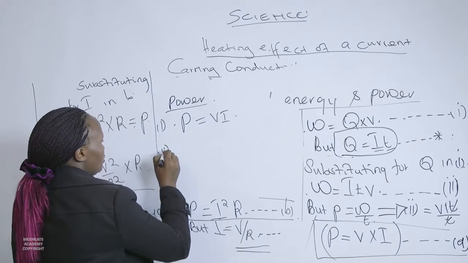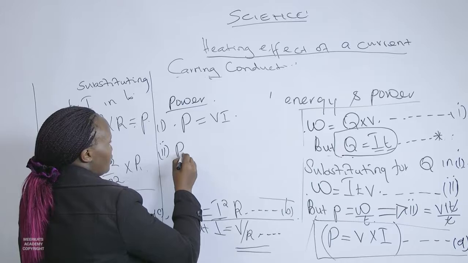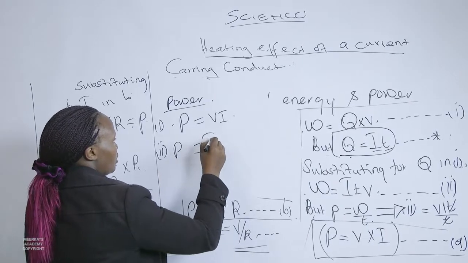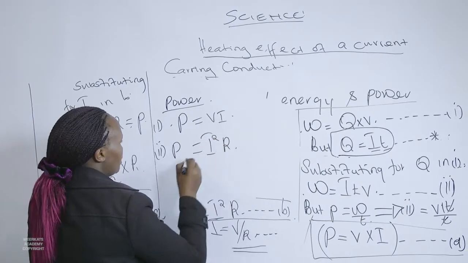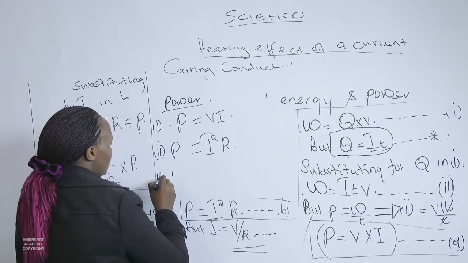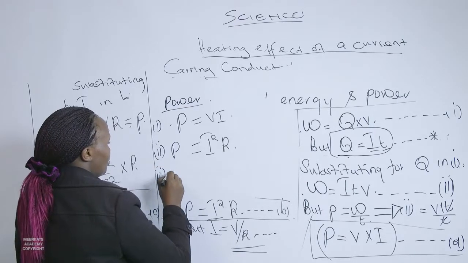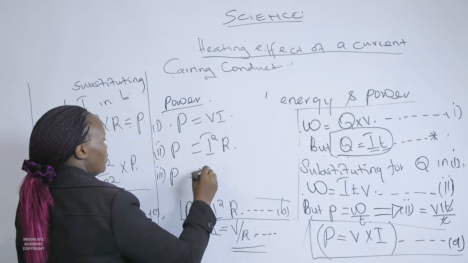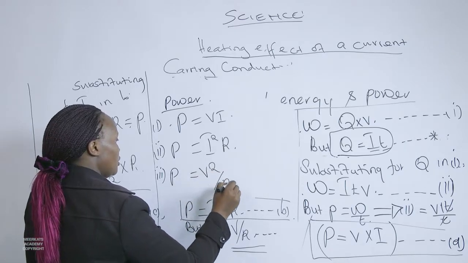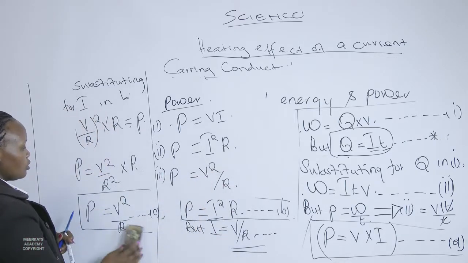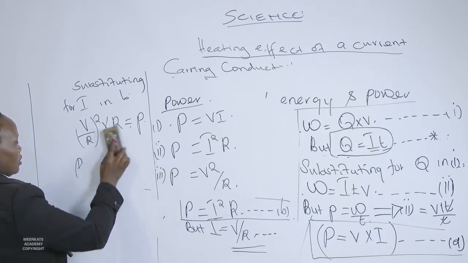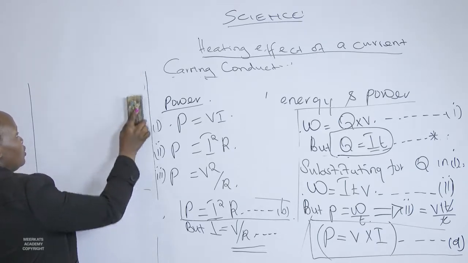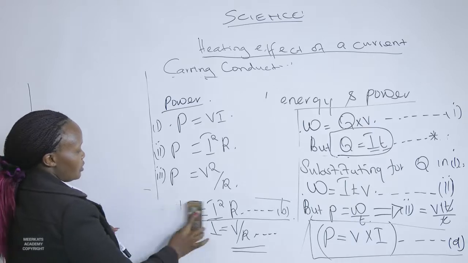Equation 2, power is the product of I squared R. And equation 3, power is given by V squared over R. Now we are going to use those equations in our next examples.